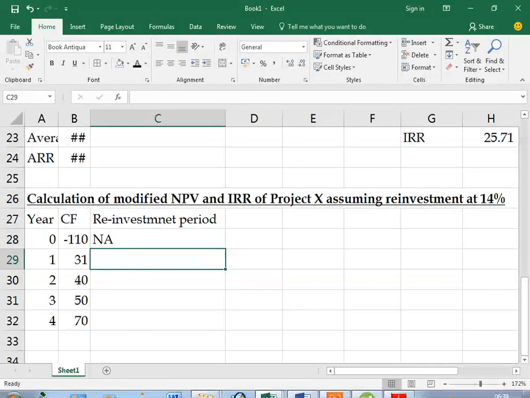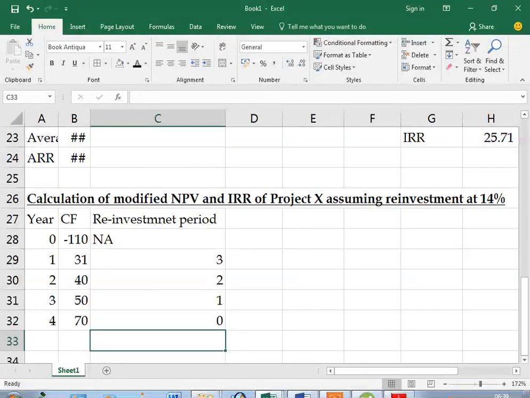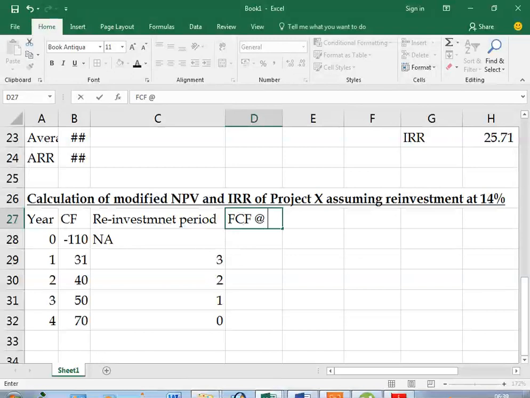What I am getting in year 1 will get reinvested for a period of 3 years. I'll create a 3-year FD or I'll put it in a 3-year project. Year 2 will get reinvested for a period of 2 years, then 1 year and 0 years. For this there is something called the future value factor at 14%.